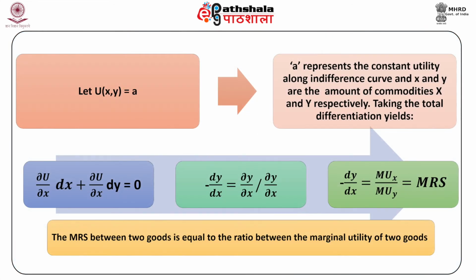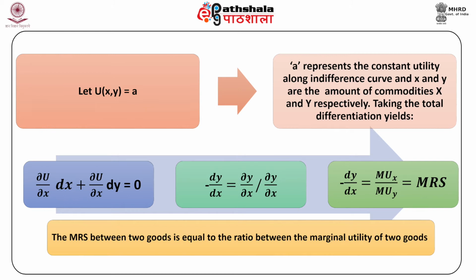Since utility on each point of the indifference curve remains the same, we can represent an indifference curve by the following function: utility U(x, y) is equal to A, equation number 1, where A represents the constant utility along the indifference curve and x and y are the amounts of commodities x and y respectively.